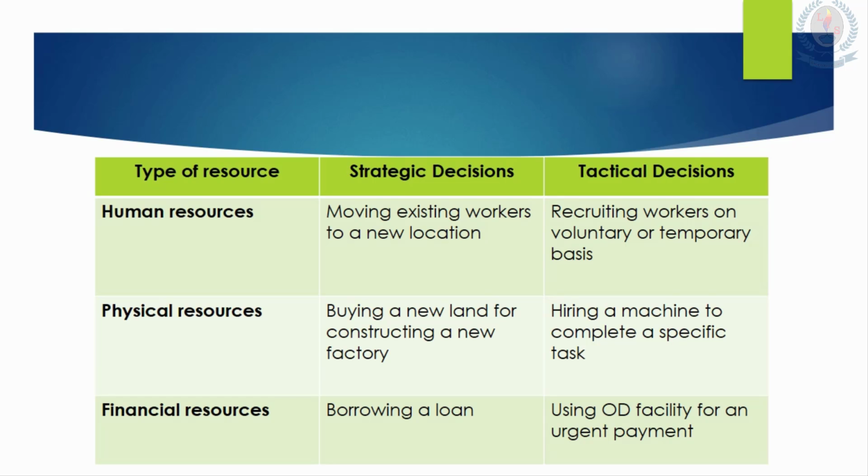The first example is about the human resource. When we consider a strategic decision, for example, if a company decided to move to a new location, a new factory, a new building with the existing workers, it will be a strategic decision, no?